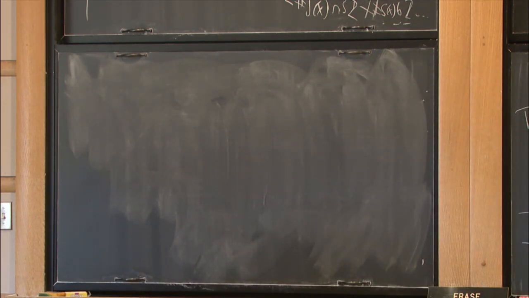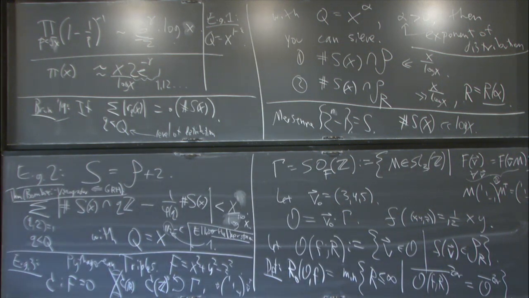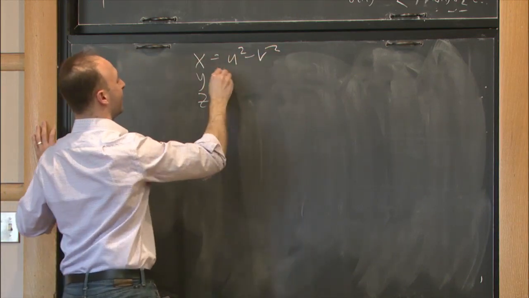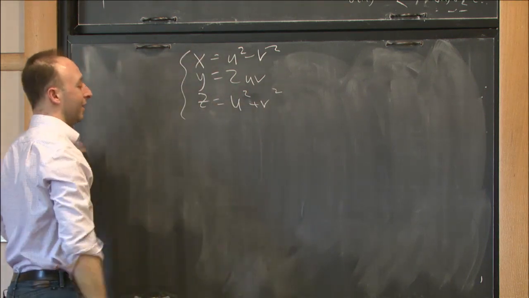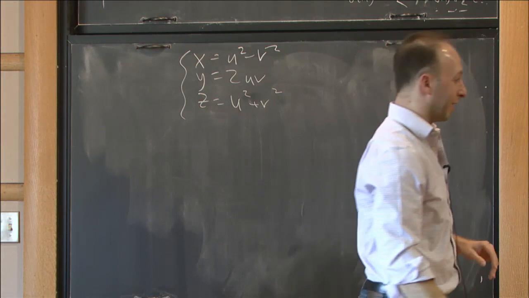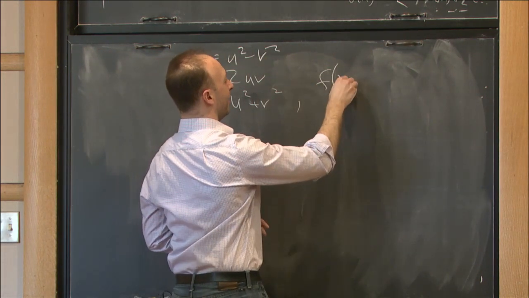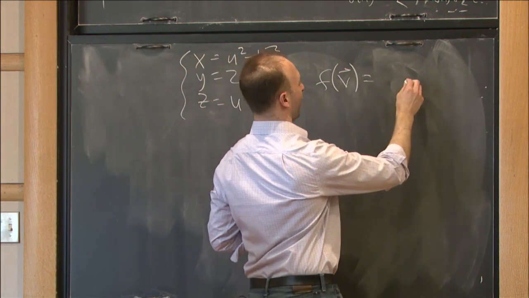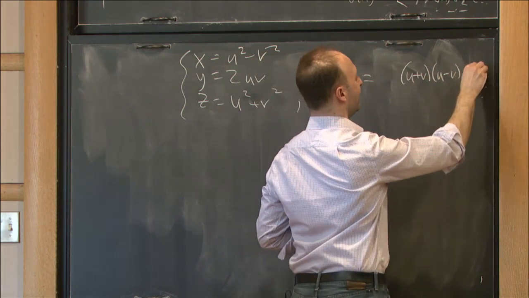And what that means is there are isomorphisms. There's a parametrization. There's a way of injecting affine space in. In this case, it's the classical parametrization. X is u squared minus v squared. Y is 2uv. Z is u squared plus v squared. That was known to the Babylonians 4,000 years ago. And so what does that mean? In these coordinates, f of v is x, y, and x factors, y factors.